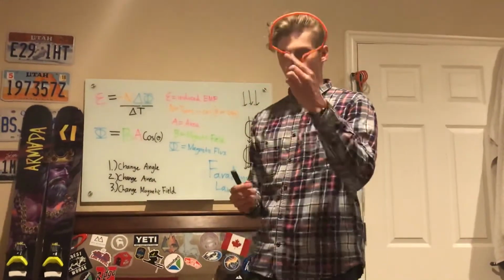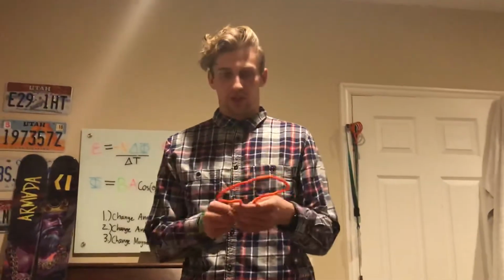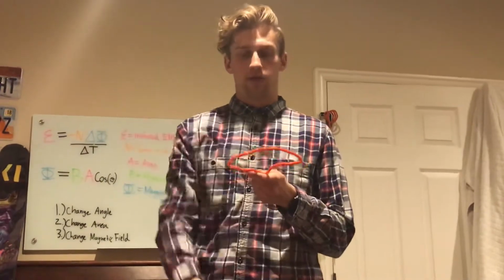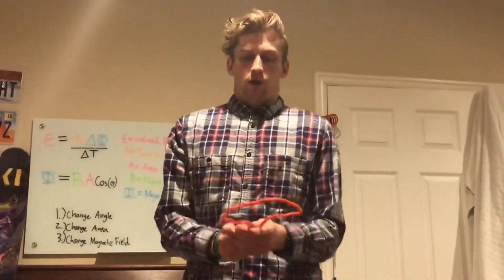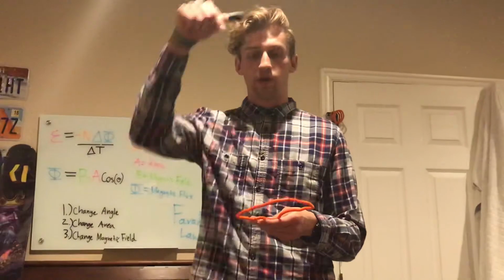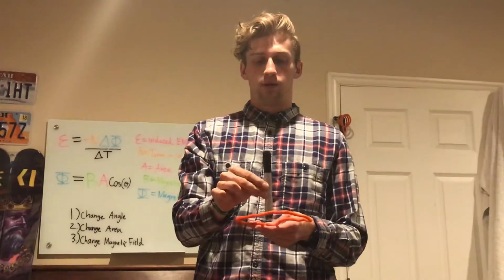If we have our wire here, I'll try and get closer so you can see. Let's say our magnetic field is pointed downwards, so we have arrows going this way. Our coil is stationary in that magnetic field. The angle is the angle between those magnetic field lines and the normal coming off the wire.